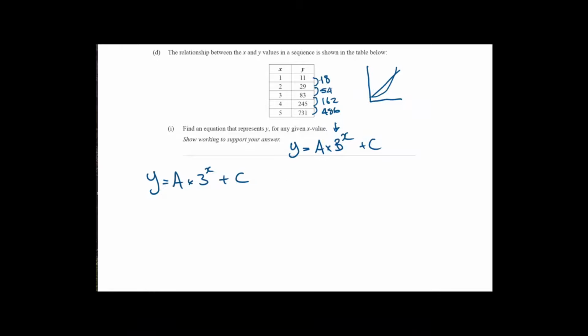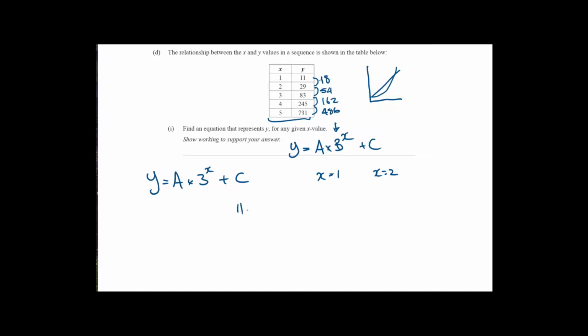So for this, we are going to just put the original numbers in and turn it into a simultaneous equation. So I'm going to use just the first 2. I'm going to let x equal 1, and then I'm going to let x equal 2, and create a system of simultaneous equations. So when x equals 1, y equals 11.